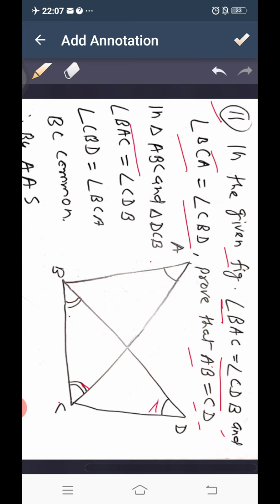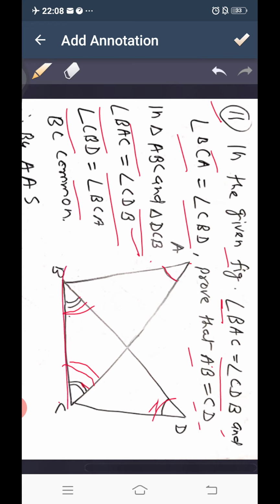So you can see that in triangles ABC and DCB, angle BAC equal to angle CDB, this angle equal to this, is given. Then angle CBD equal to angle BCA, this angle equal to this angle, is also given. And BC is common for both the triangles.